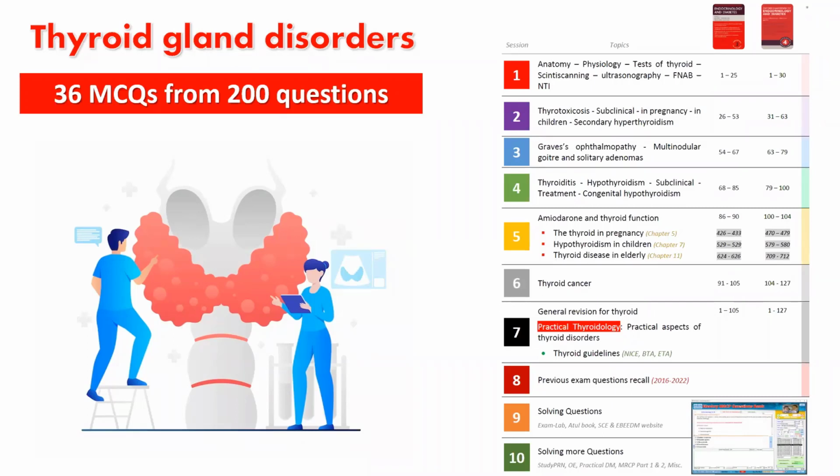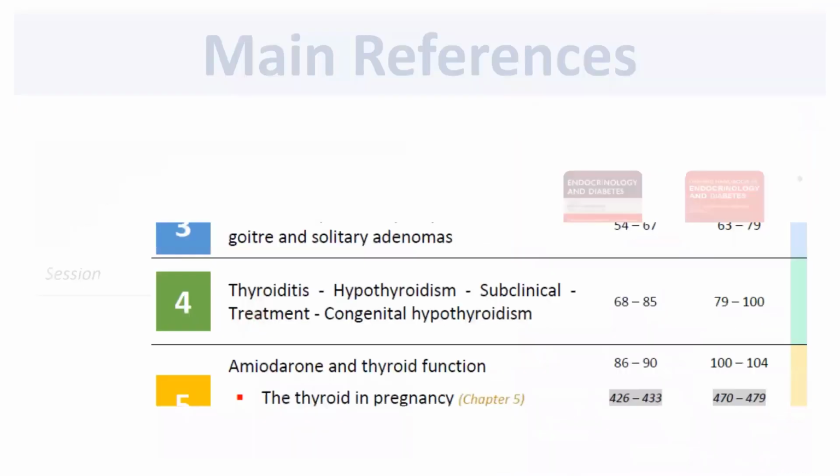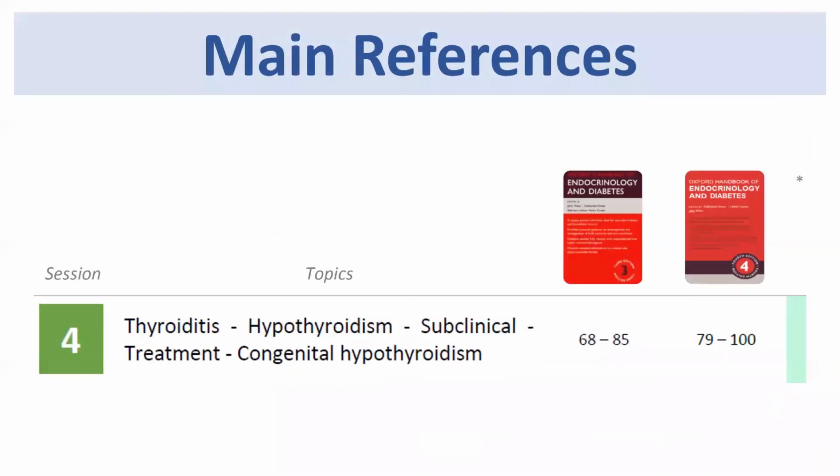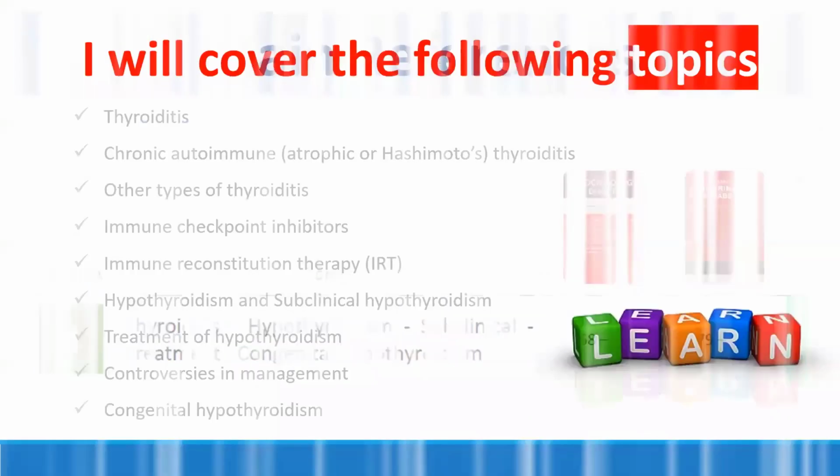And actually, I will discuss the practical points only, not the pathophysiology and the other tools that you will not see in your practice. So today, inshallah, I will cover thyroiditis, hypothyroidism, subclinical hypothyroidism, treatment of hypothyroidism, and congenital hypothyroidism.